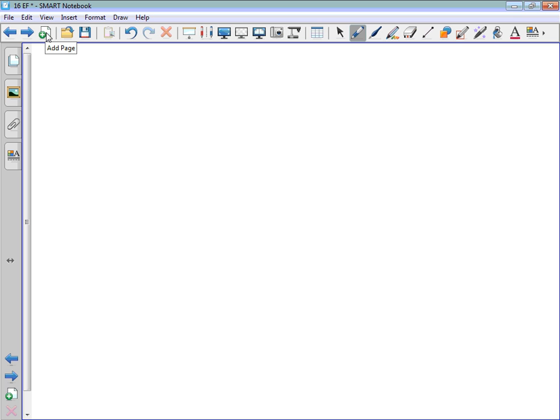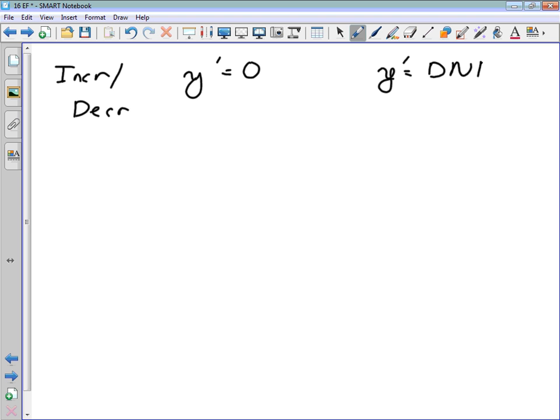All right, let's take a look at our table of increase, decrease, and our local maxima and minima. So we're going to set our first derivative equal to 0. Look for places where our first derivative does not exist.